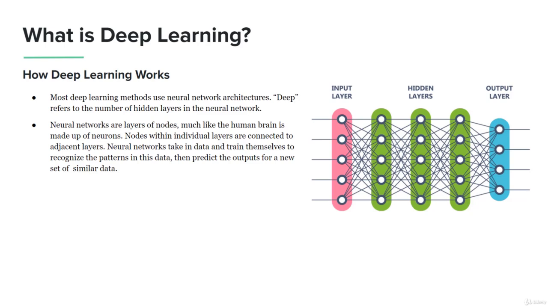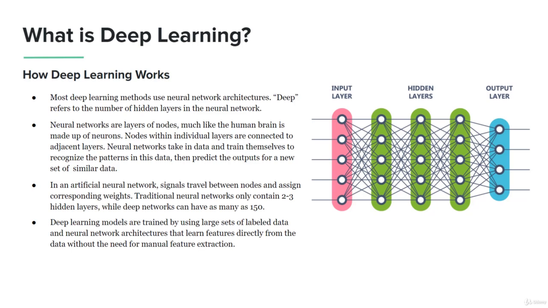Nodes within the individual layers are connected to the adjacent layers. The neural networks take in the data and train themselves to recognize the patterns in this data, and then they predict the outputs for a new set of similar data. That's essentially how they're working within the hidden layers and the layers itself.